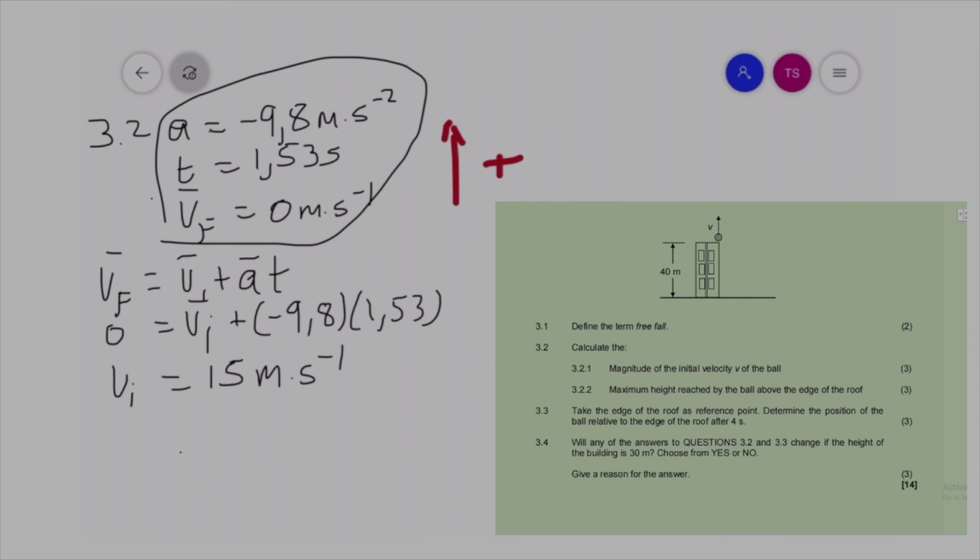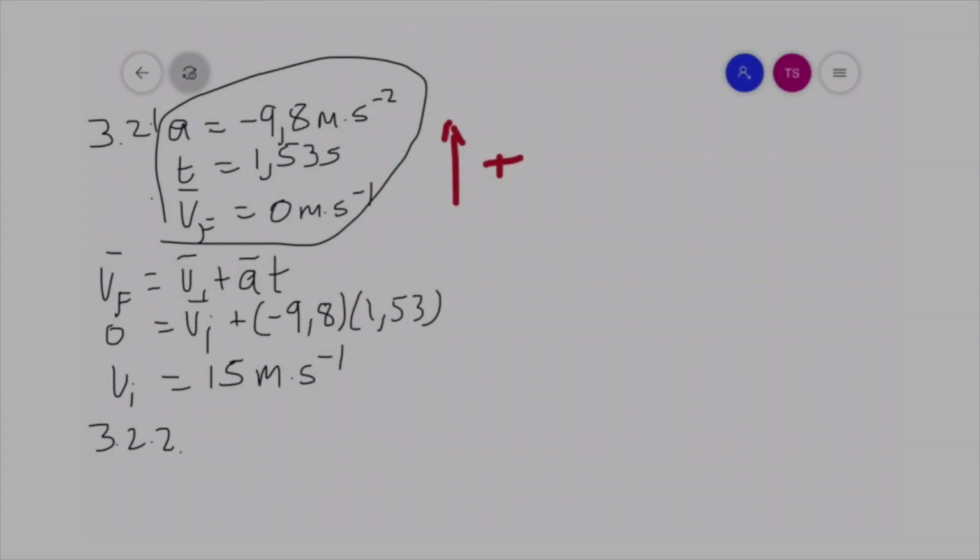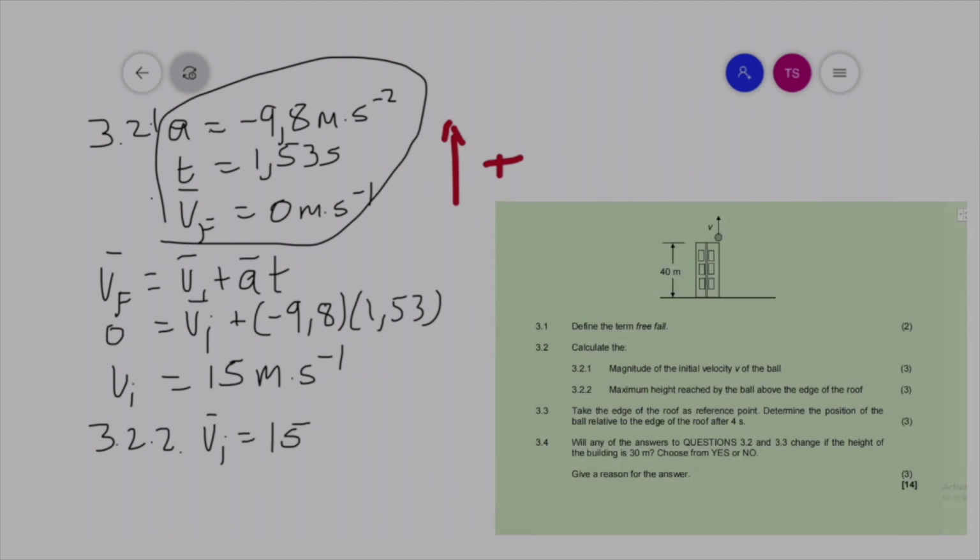It says you must also calculate the maximum height reached by the ball above the edge of the roof, right, above the edge of the roof. Again, our variables, what do we know? Now what is known is initial velocity, which we just calculated, and we got 15 meters per second.